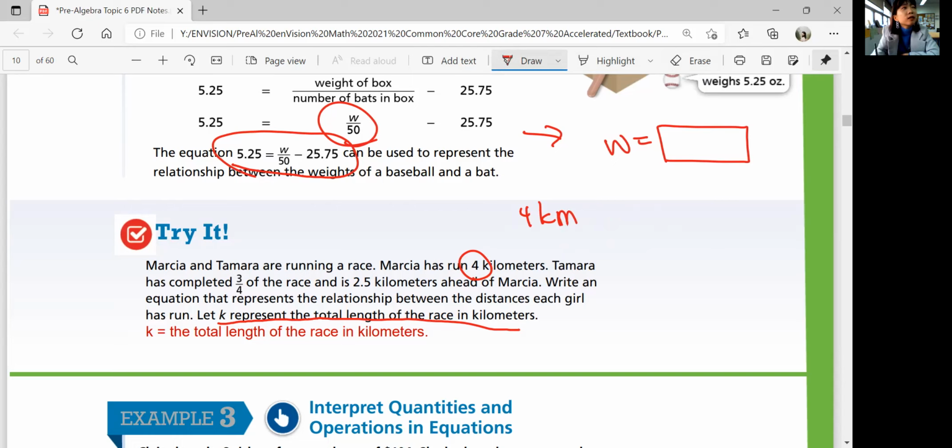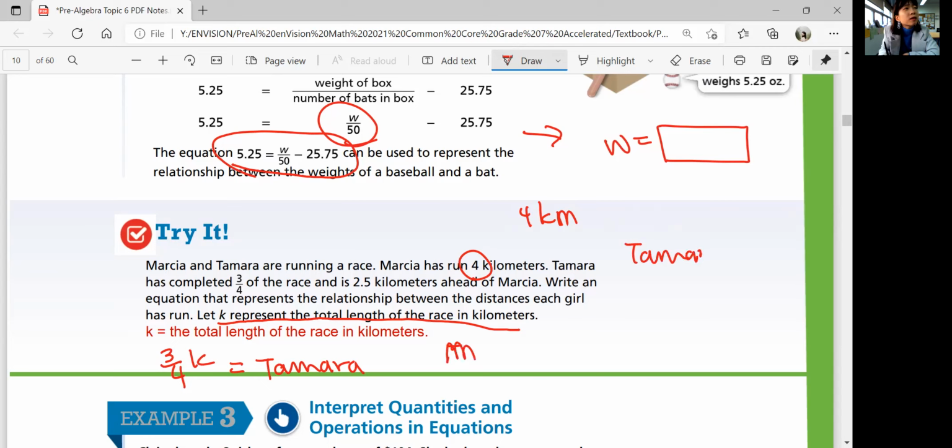Tamara completed 3/4 of the race. So whatever total is, K, 3/4 is what Tamara has, right? What Tamara ran.